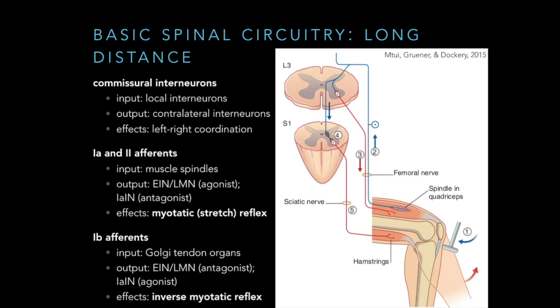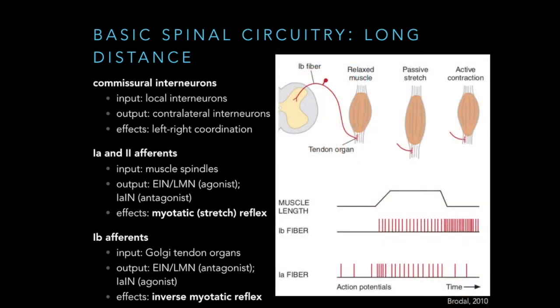So when we stretch this muscle on the tendon, it contracts and this one lengthens. The only reason we know that it's been stretched is because of the spindle afferent there. So this is our stretch reflex. The myotatic reflex.